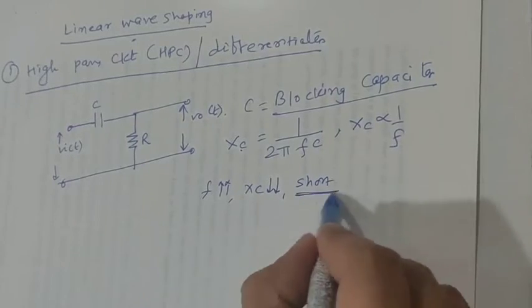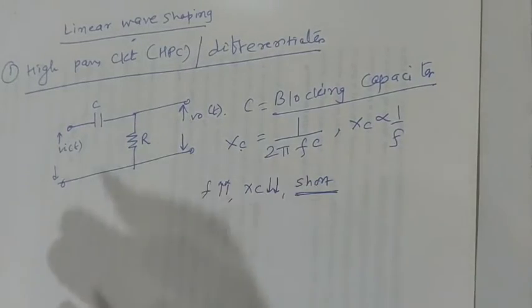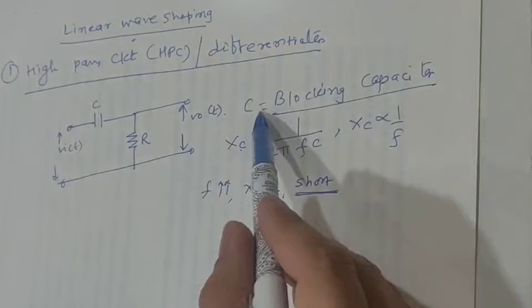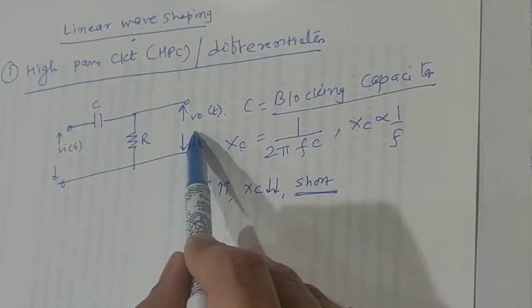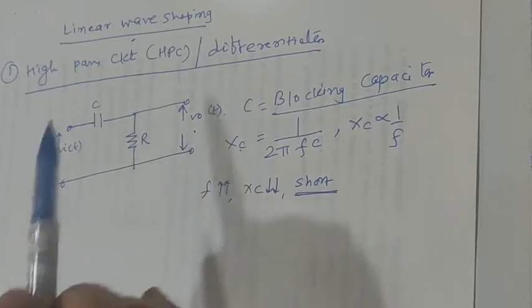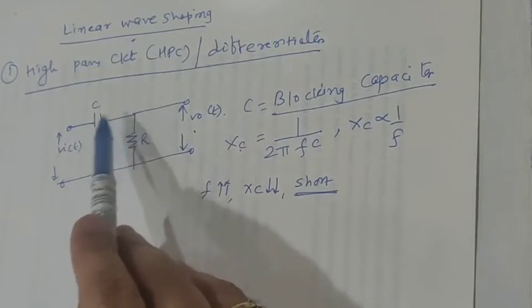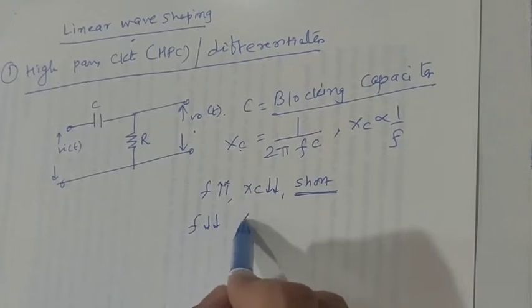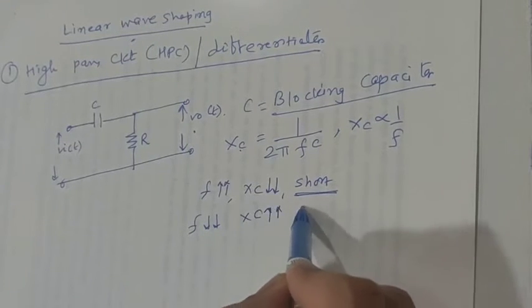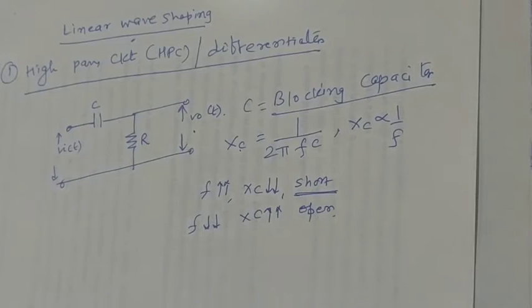So the capacitance will act as a short and it will bypass all the frequencies to the output side, across the resistance, and therefore the output is going to be achieved with higher frequencies because the capacitance is acting as a short. Similarly, when the frequency is reduced, XC increases and it acts as open.